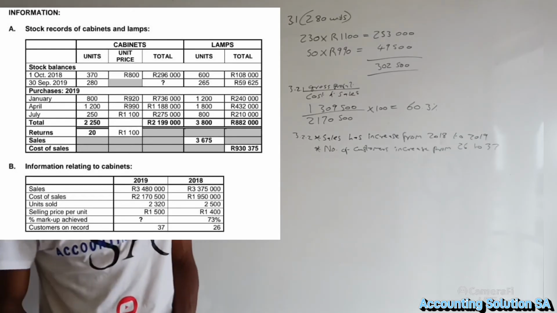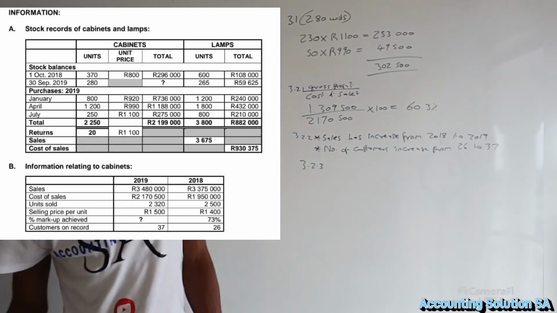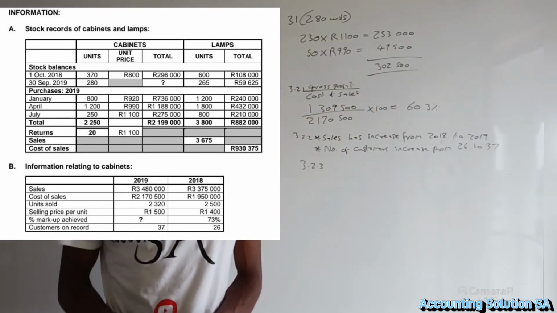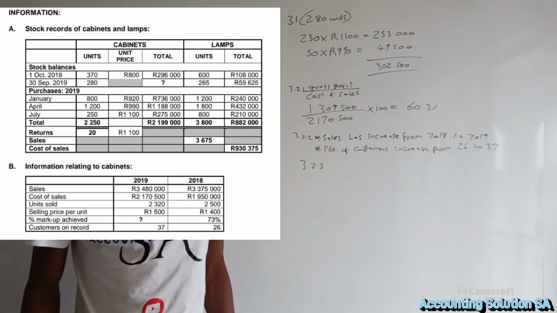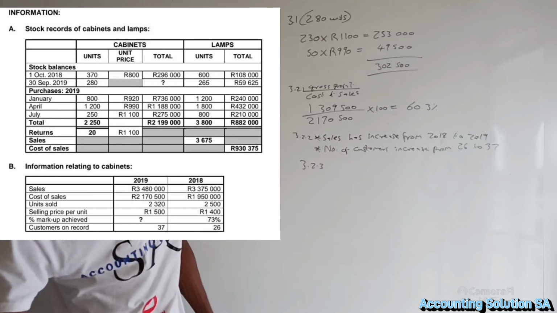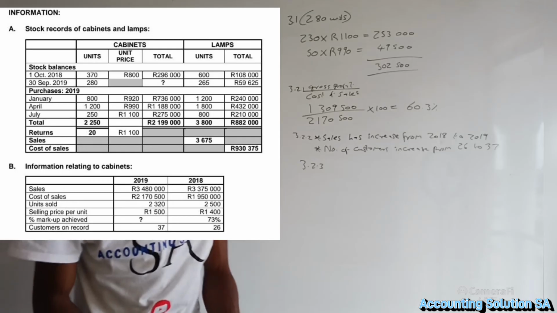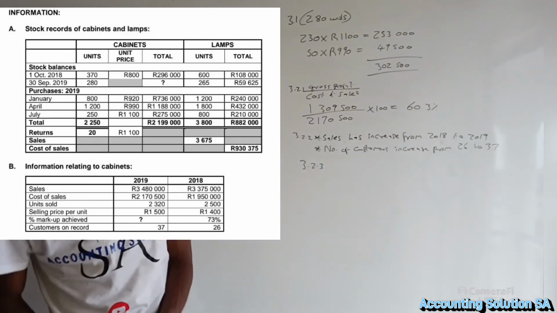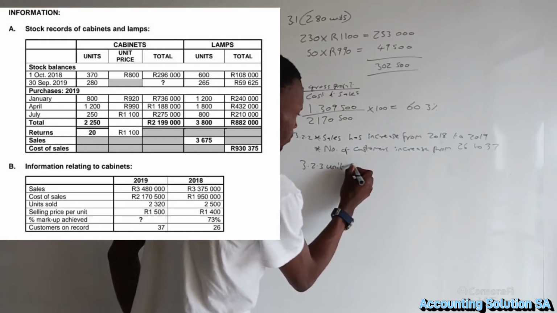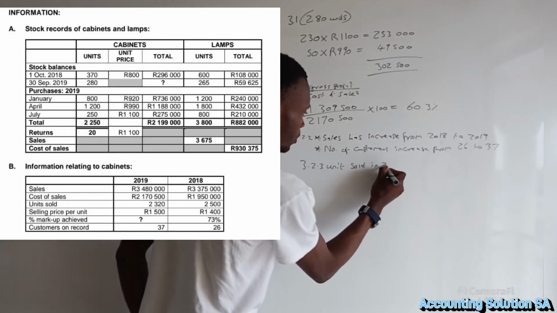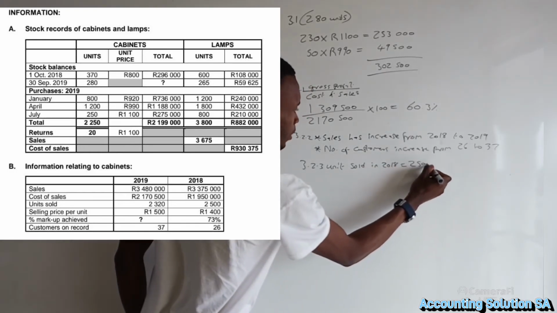Another question is 3.2.3. It says that the CEO feels that this decision also negatively affects the company. How does this decision affect the company? Let's check our table again. If you check on our table, units sold in 2018 were how much? 2,500.